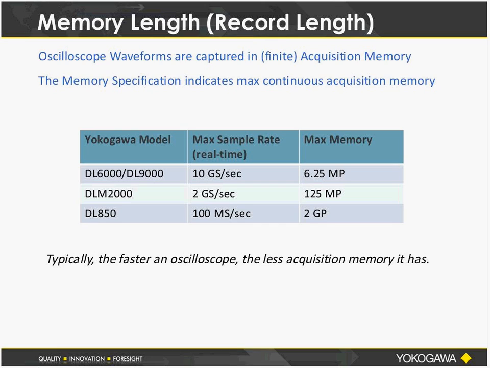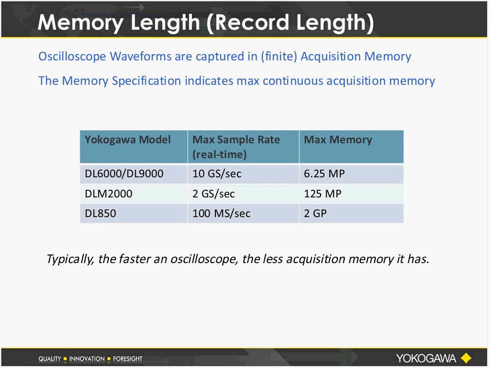The third most important specification when looking at oscilloscopes is the memory length. Memory length and sample rate are related, but memory length is going to tell you how long you can continuously record or digitize a waveform. Unlike a data acquisition system, which usually runs more slowly, you can't acquire or digitize a signal indefinitely in an oscilloscope.